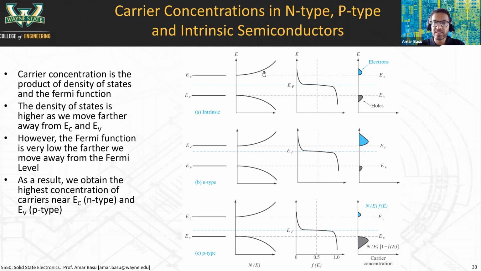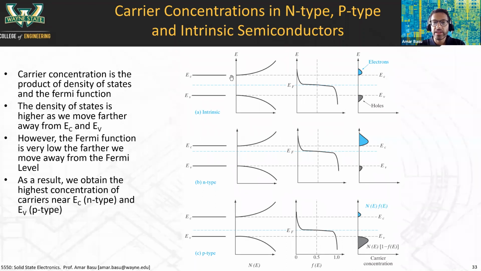The density of states gets higher and higher as we go to higher energy states. But the probability of finding an electron at that energy has already gone to essentially 0. So even though there's a high density of states up here, it doesn't matter because all those states are empty.